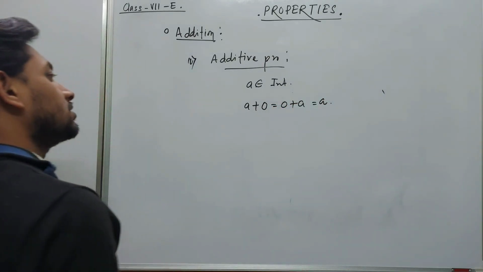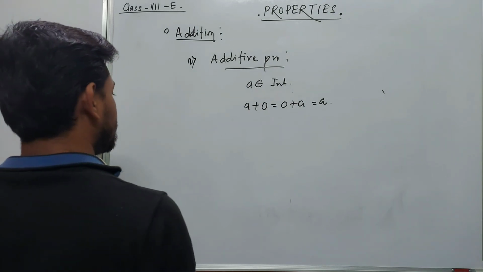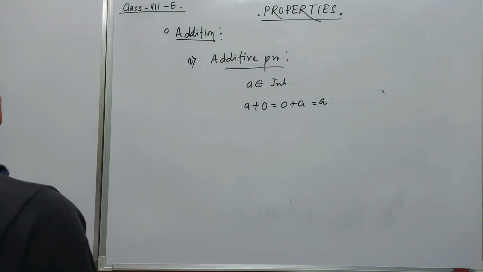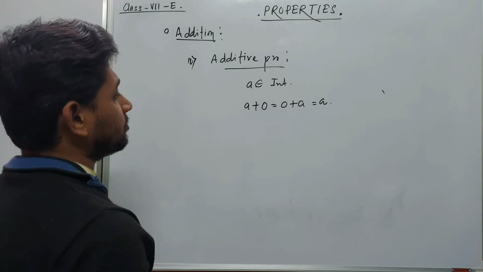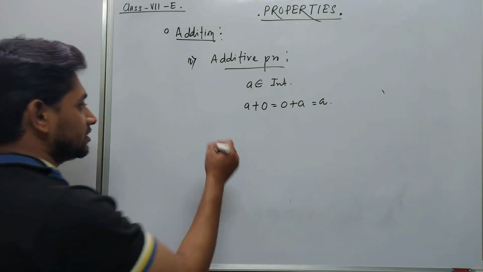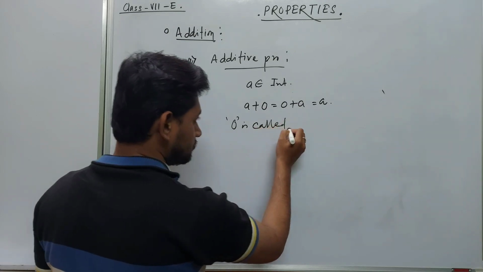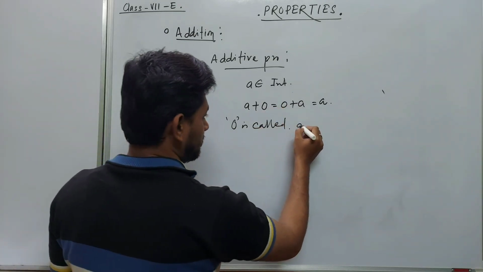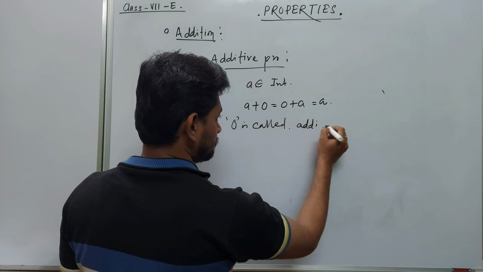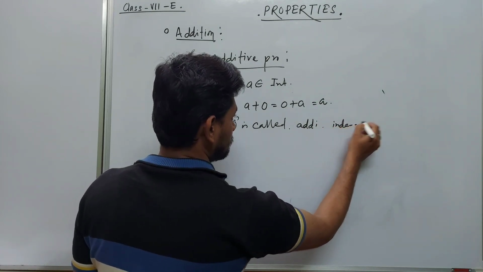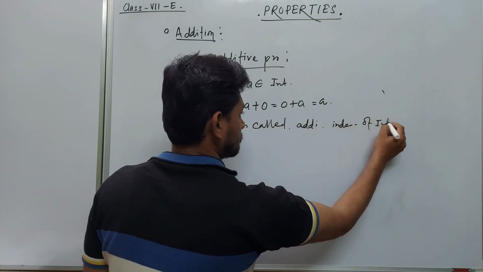This is called the additive property. Here 0 is called the additive identity of integers.